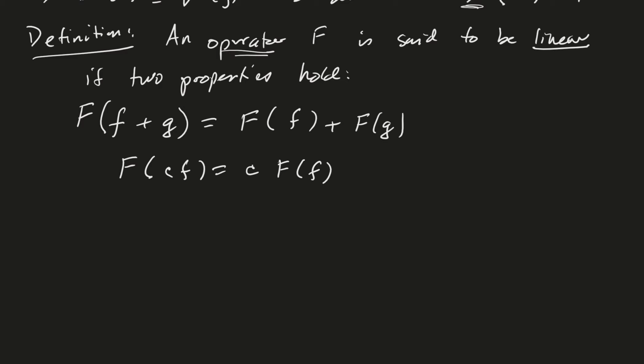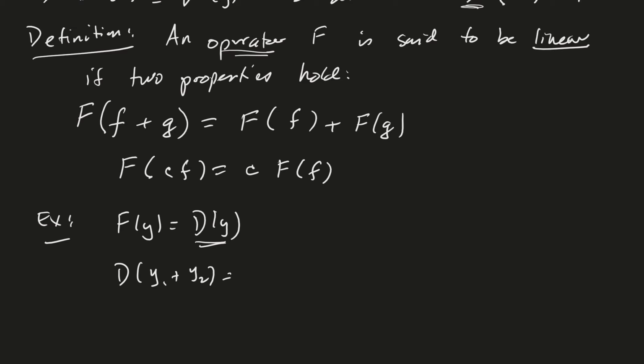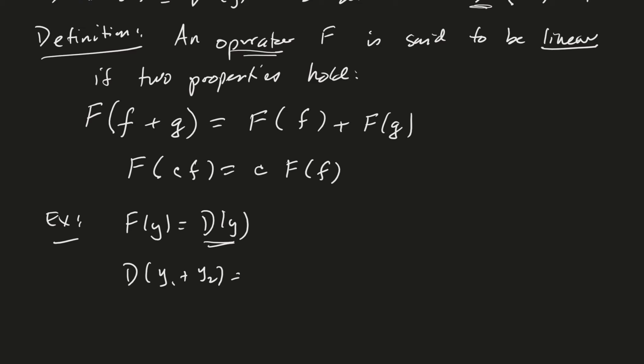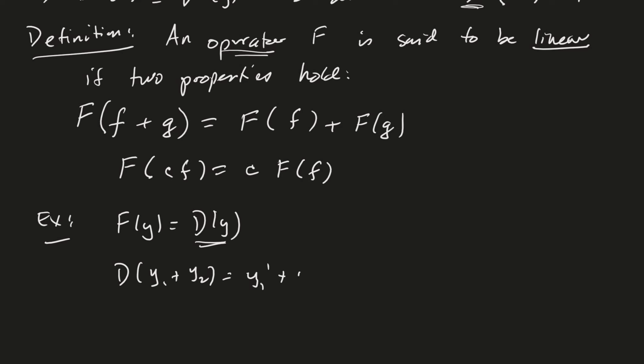Good. So example, f of y equals D of y. So is that true? Is the derivative a linear operator? Well, D of, let's say, y1 plus y2. How do we differentiate a sum? It is the sum of the derivatives, right?